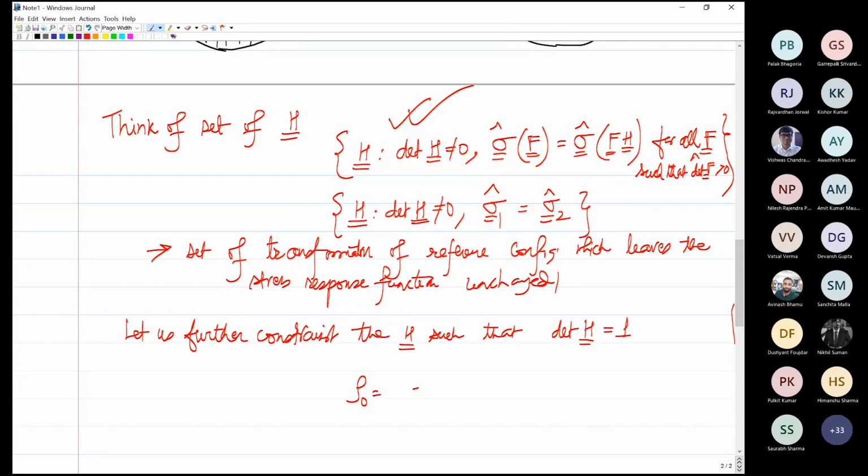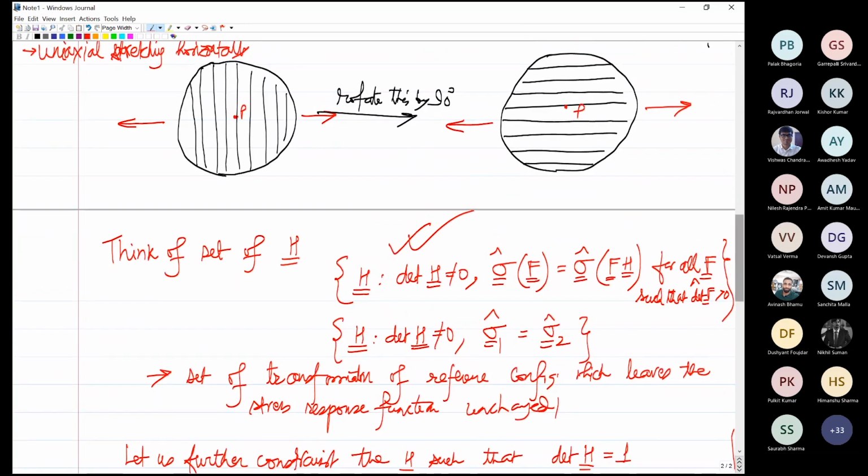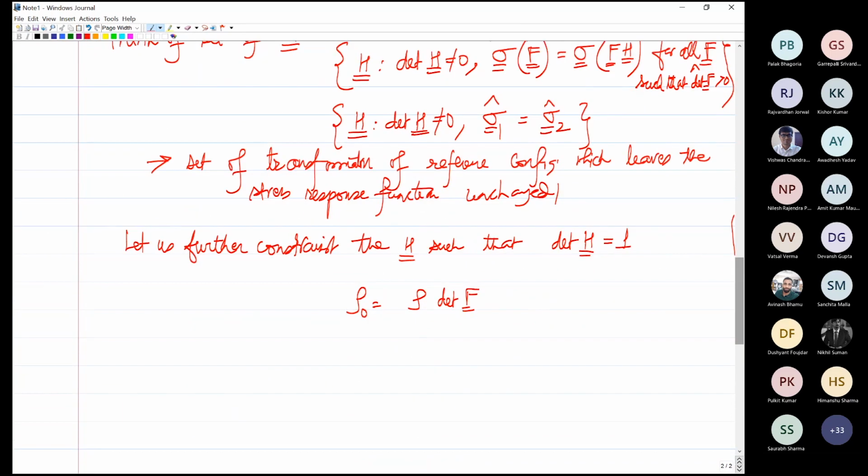It was rho naught equal to rho times det F. Now, if you think of what is the density in the two reference configurations, if det H is equal to 1, this will ensure that densities in the two reference configurations are the same. Isn't it? Rho naught will be equal to rho. So densities in the two reference configurations will be the same.